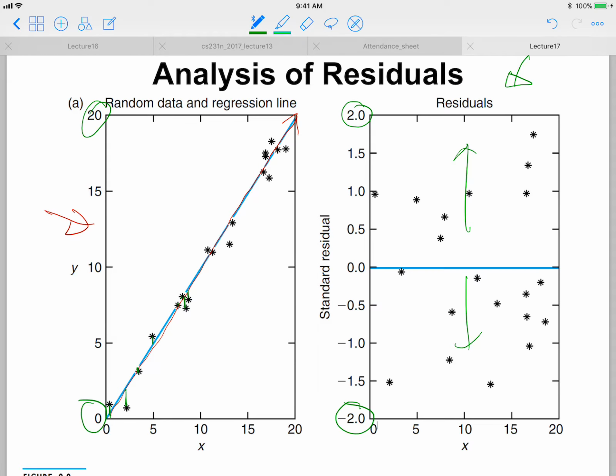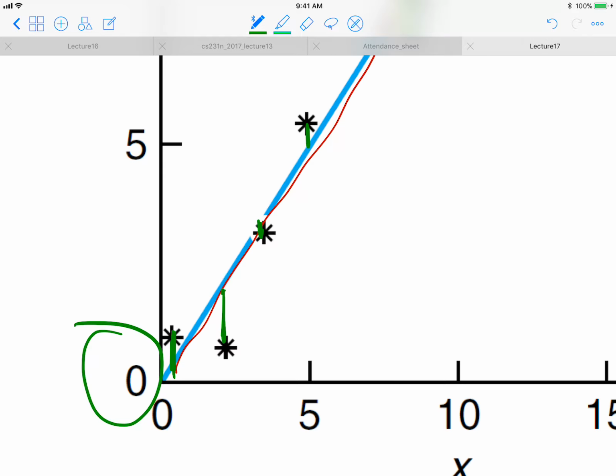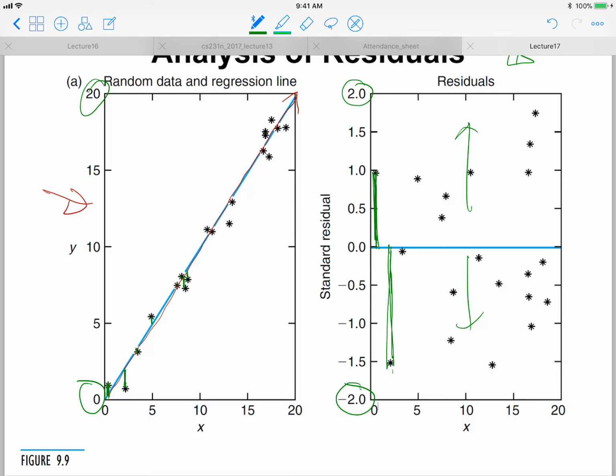Okay, and so this first error of the first data item is actually this guy, right? And then the second one is drawn as this line, right? So you know how to draw this guy, right? Okay, and then what should this measure follow?